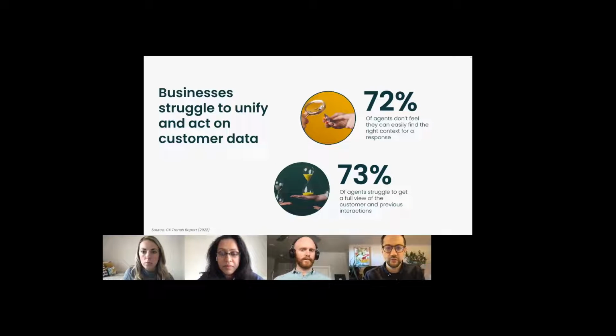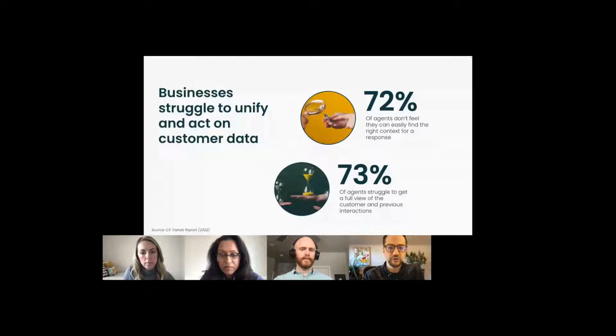In the customer service world, we're seeing that when it comes to a complete view, agents are really struggling. They're struggling to get the customer and the business context that they need. In fact, we saw this in our 2022 CX Trends report, where 3 out of 4 agents raised their hands and said, we don't feel very effective at getting this unified view. Agents are spending a lot of time tracking data down across multiple systems.